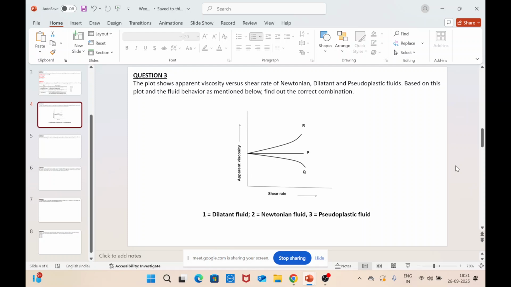Show the correct combination. This is something that we discussed before, when I asked how the viscosity of a polymer, in the case of a non-Newtonian fluid, varies with shear rate. That is exactly the same question that we have right now.